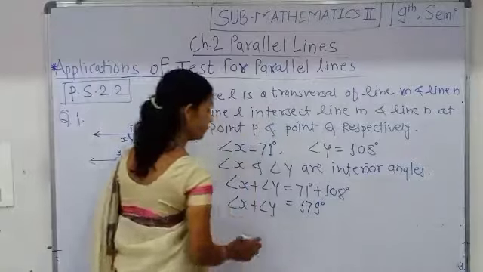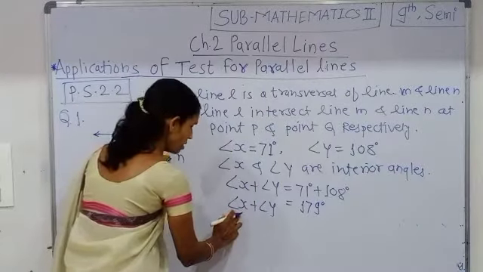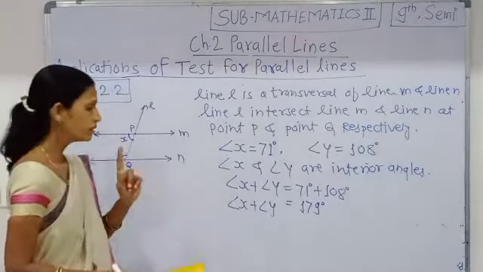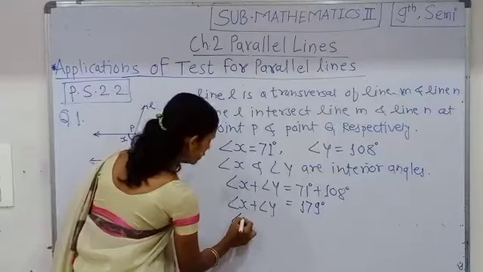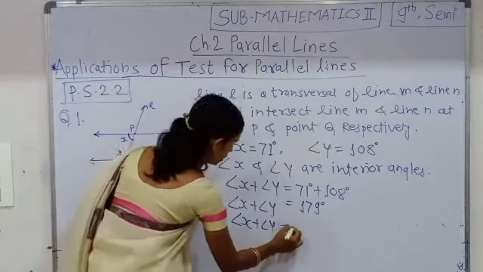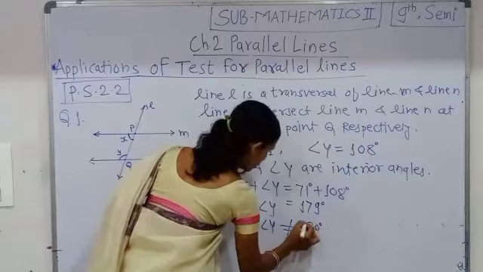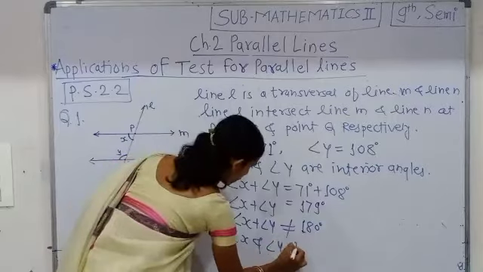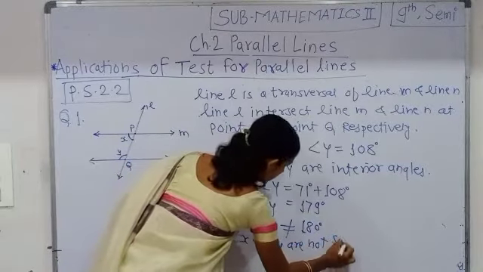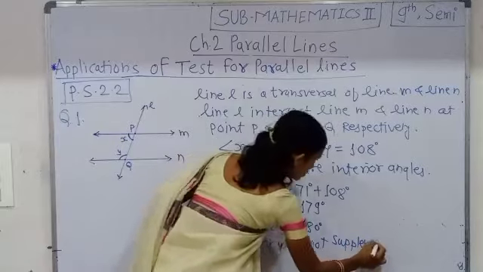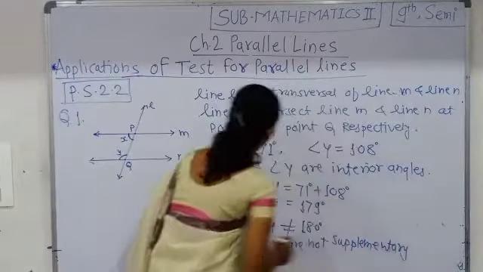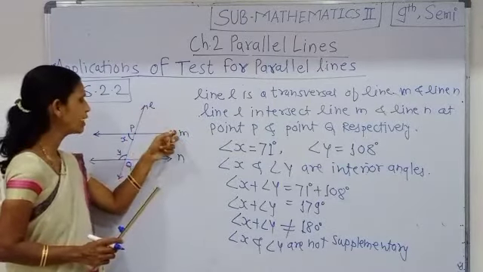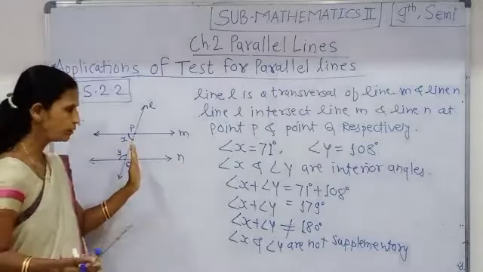Therefore angle X plus angle Y is equal to 179 degrees. That means angle X and angle Y are not supplementary, since angle X plus angle Y is not equal to 180 degrees. The interior angles formed by transversal L on line M and line N are not supplementary.